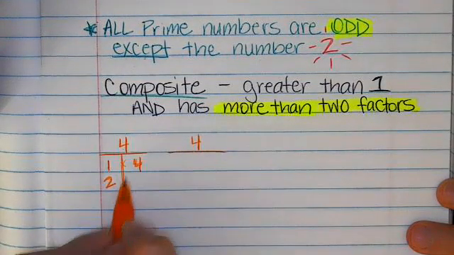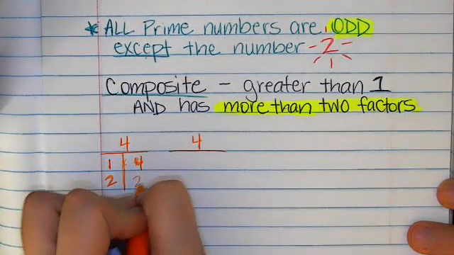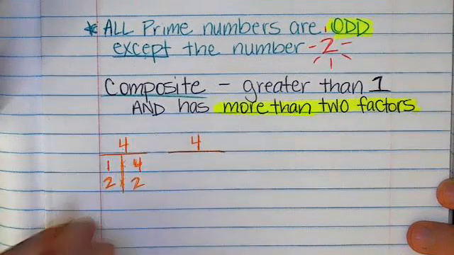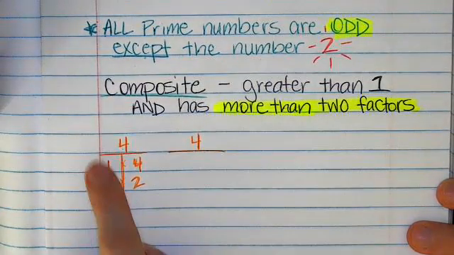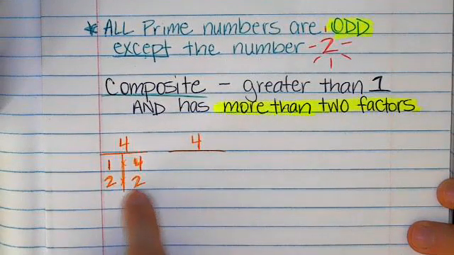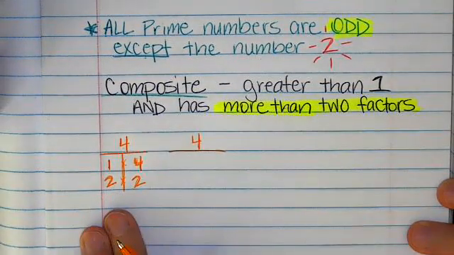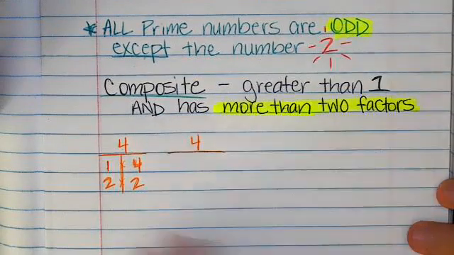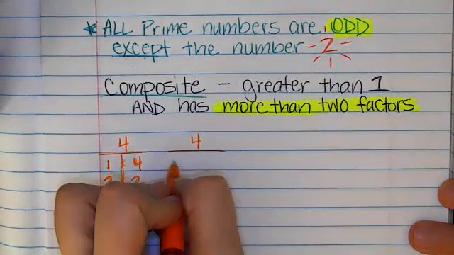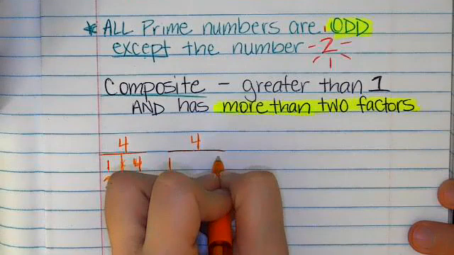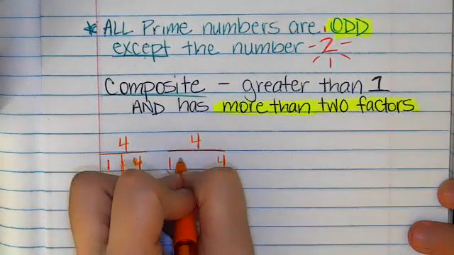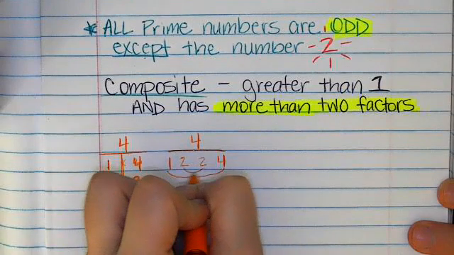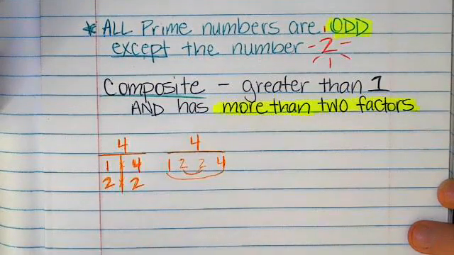So 2 times what equals 4? Well, 2 times 2 equals 4. Now I know that I have all my factors of 4 because I'm doing 1, 2, and then it goes to 2, so there's nothing else, right? Nothing comes between 2. So I can also represent this in the upside down rainbow, where I say 1 times 4 is 4, that's the pair, and then I have 2 times 2, and that equals 4.